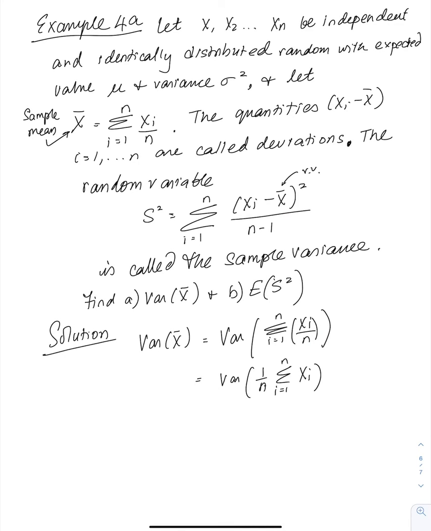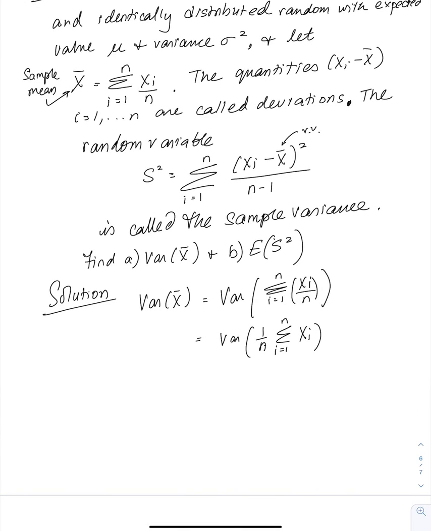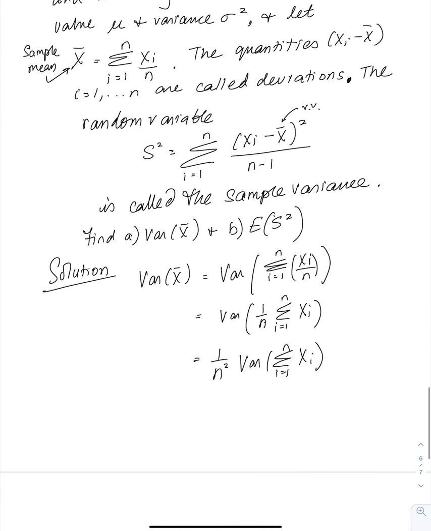And when you have a constant inside a variance, you can take it out, but it'll come out with a square. So the variance of x bar is 1 over n squared times the variance of a sum.